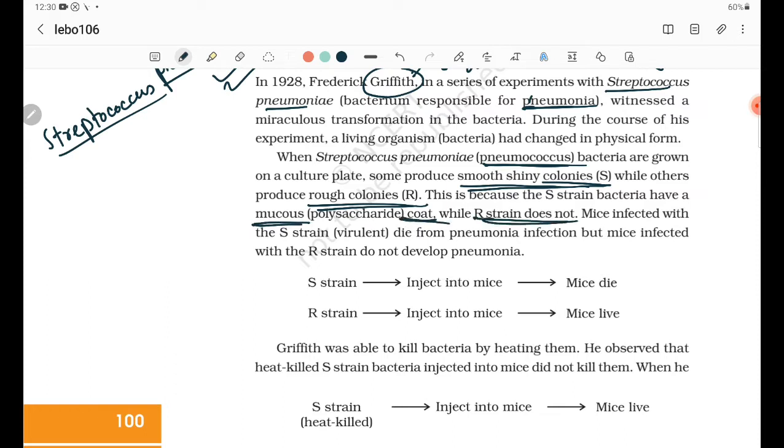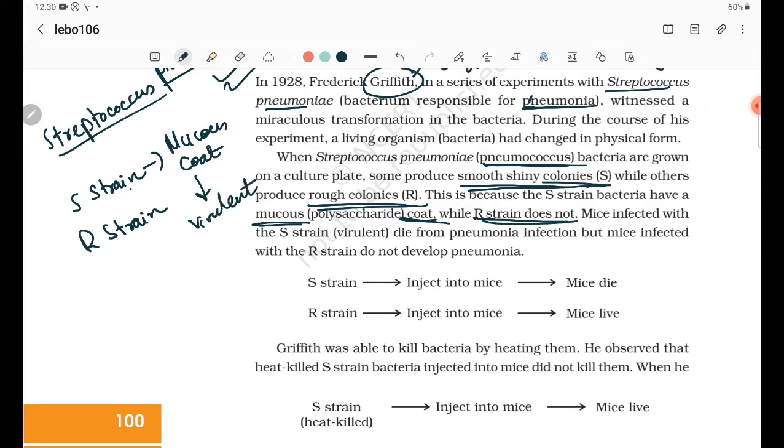So there are two types of strain, S strain and R strain. S strain is smooth shiny and R strain is rough. Why is it smooth shiny? Because it has a mucus coat. This mucus coat makes it virulent.